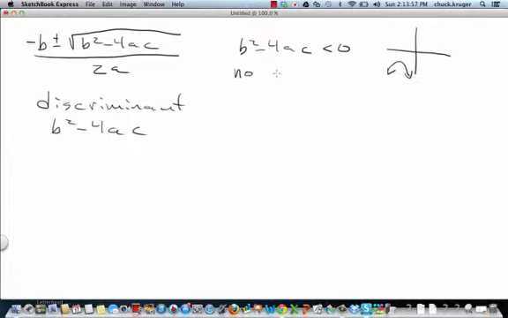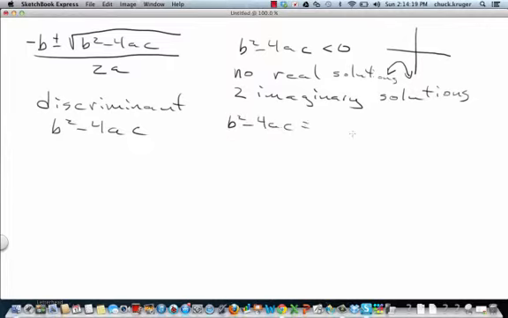I have no real solutions; I have 2 imaginary solutions. When b squared minus 4ac equals 0, it means my parabola is touching the axis at one spot. In other words, the vertex is touching the x-axis.